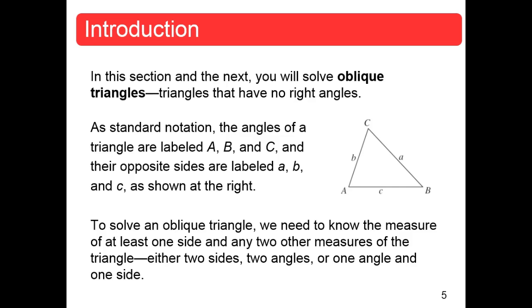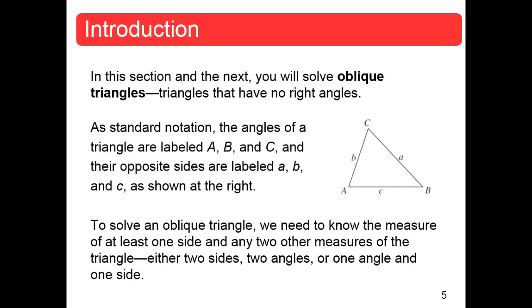For instance, the side opposite angle A will be little a. The side opposite angle capital B will be side little b, and the side opposite capital C will be the side little c. That's the convention: the side opposite an angle will have the same letter but lower case.